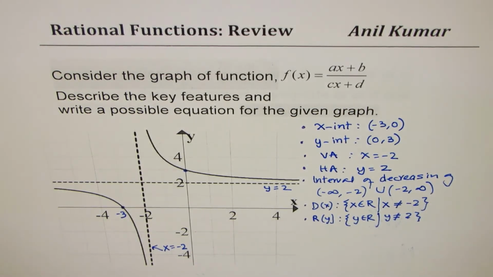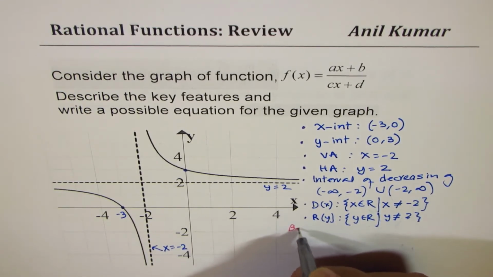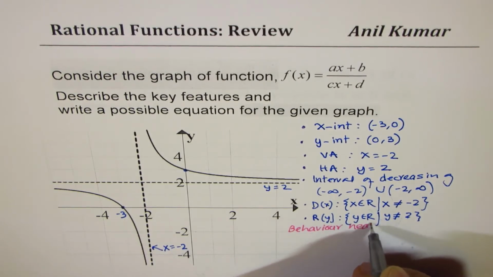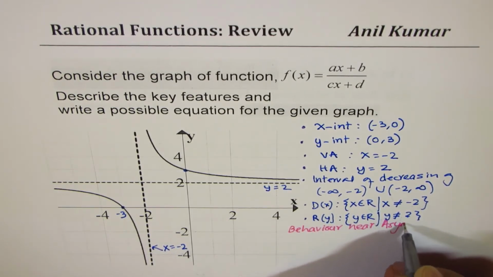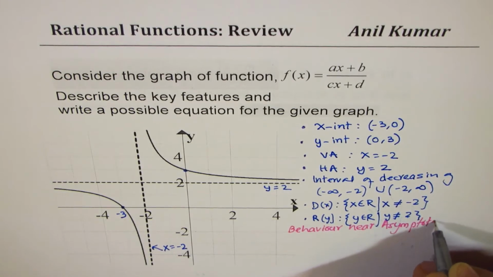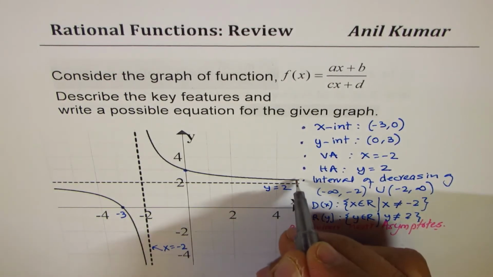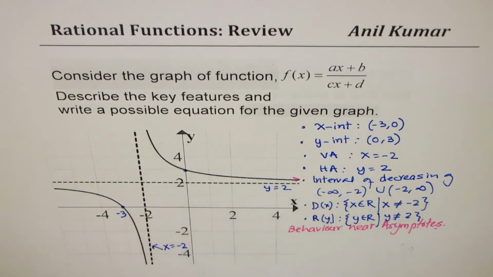But there are some more which you would always add on this, and that is, let me highlight, behavior near asymptotes. We learned in part A how to figure it out. Here you can see, right? So when you consider the horizontal asymptote, let's write down.